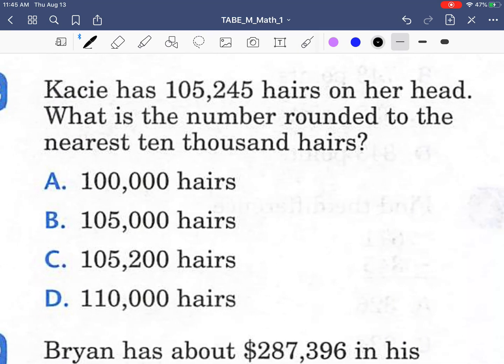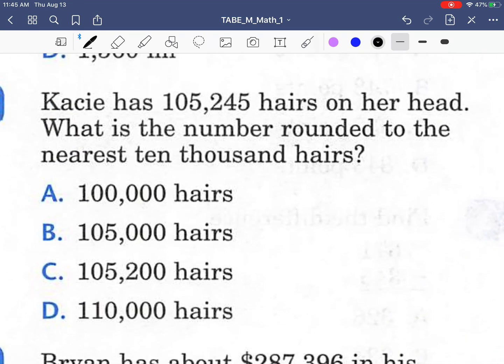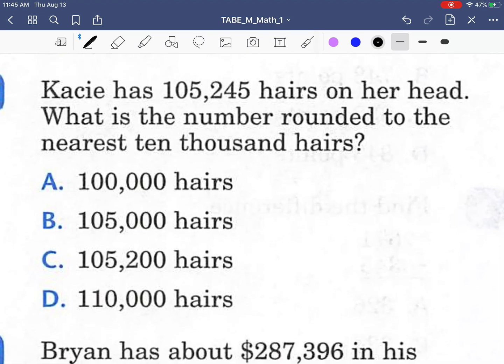Number 18. Casey has 105,245 hairs on her head. What is the number rounded to the nearest 10,000 hairs? So point of reference is 10,000. That is the 0. Look at the neighbor, and the neighbor says you round up.